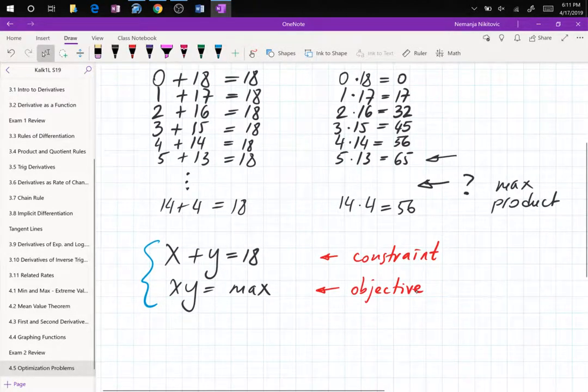So what I have here is a system of two equations with three unknowns. And you go, oh, if I just had another one, right? Because we like three equations for three unknowns, four equations for four unknowns. And I have x, y, and max. I don't know any of those.